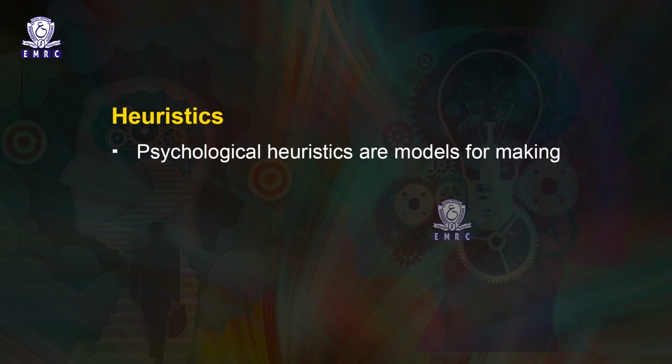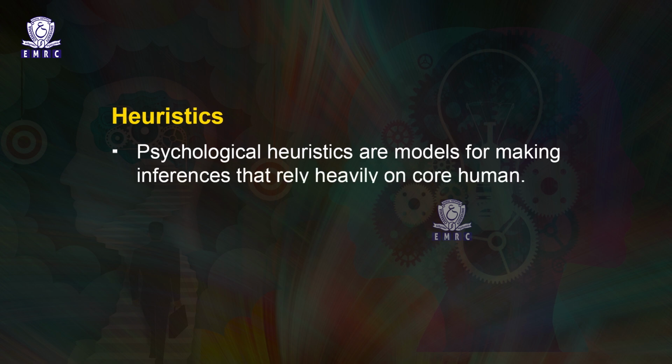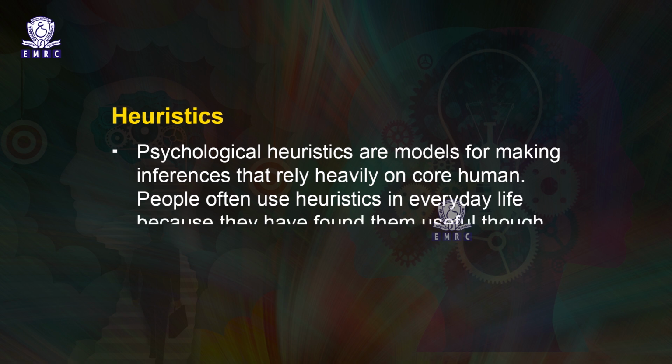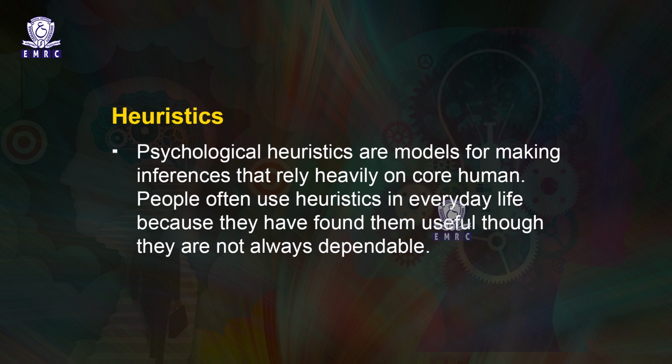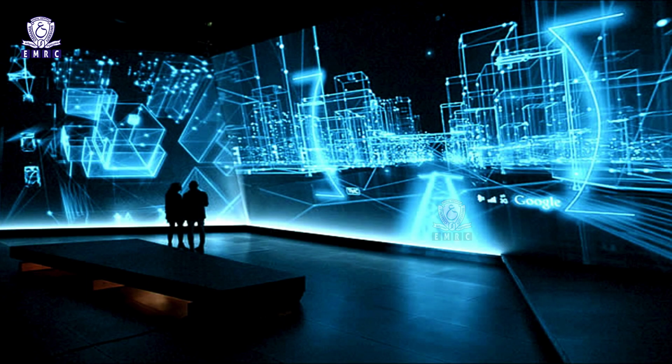Psychological heuristics are models for making inferences that rely heavily on core human capacities. People often use heuristics in everyday life because they have found them useful, though they are not always dependable. Causality heuristics is where people estimate the probability of a situation by the strength of the causal connection between the events in the situation.